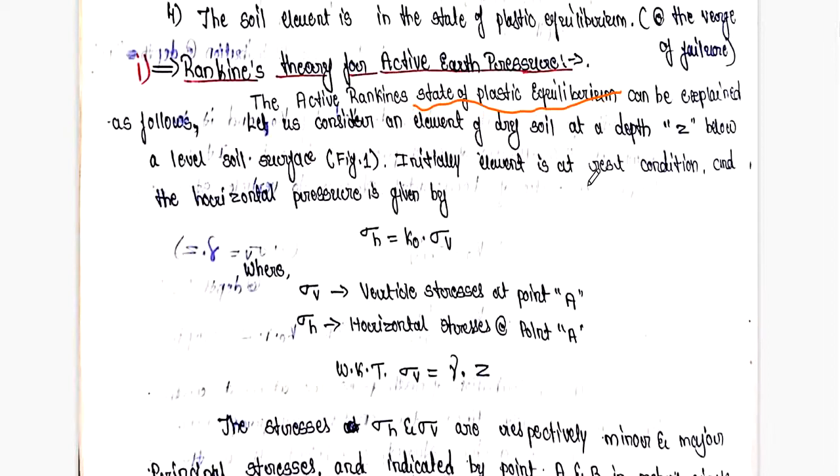Initially the element is at rest, and if the earth pressure is at rest, the horizontal earth pressure is k naught equal to sigma h by sigma v, where sigma v is the vertical stress at point A and sigma h is the horizontal stress at point A. Point A is a point at depth z from the surface of the soil.